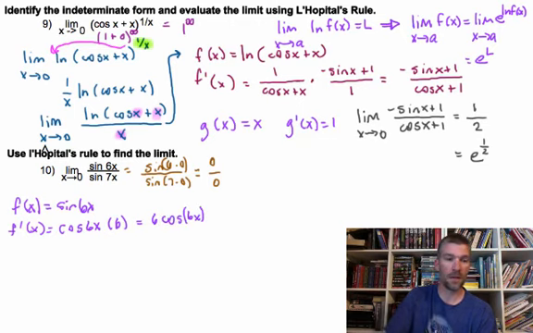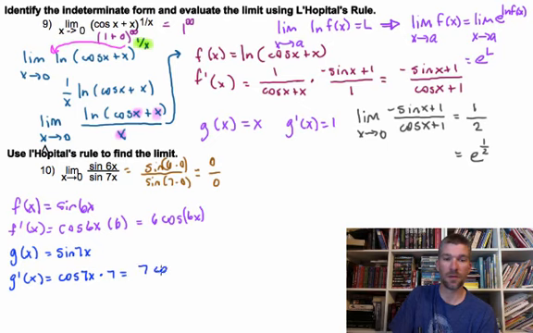Okay? What about g of x? Well, g of x would be the bottom guy, which is the sine of 7x. Okay? So g prime of x would equal cosine of 7x times the derivative of the 7x, which is 7. So this guy's going to be 7 cosine 7x. All right, this is what it looks like.